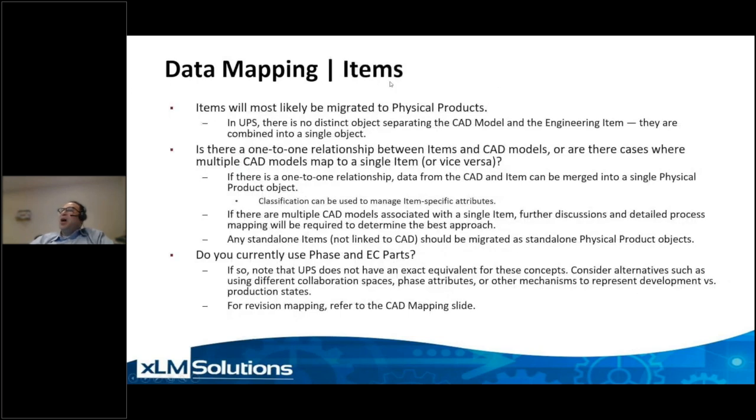Data mapping from items. Items will also be migrated to physical products. And if I didn't say this, I'll say this now: UPS stands for Unified Product Structure. So there's no more two trees, let's say a CAD tree and an item tree, moving forward in UPS. It's one common tree.